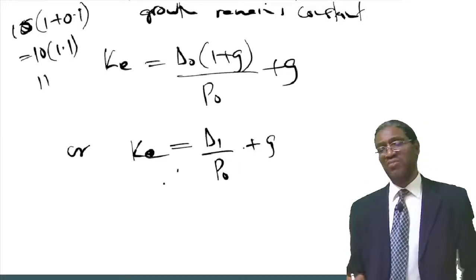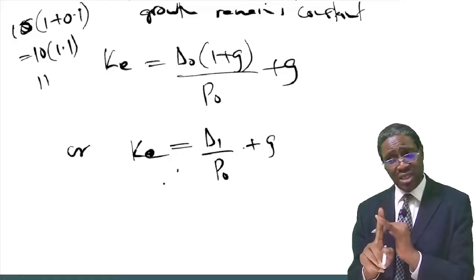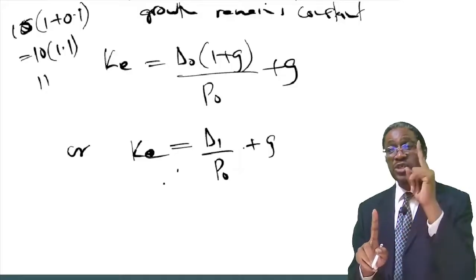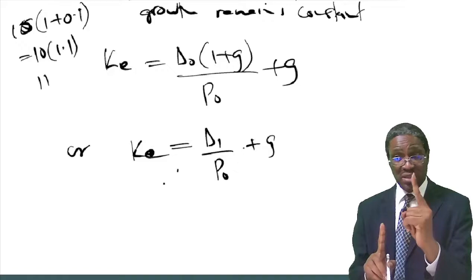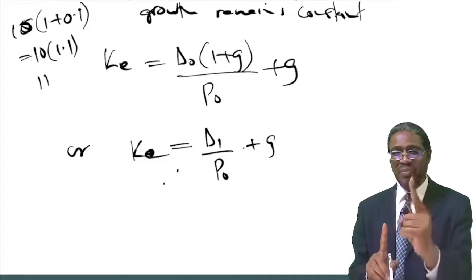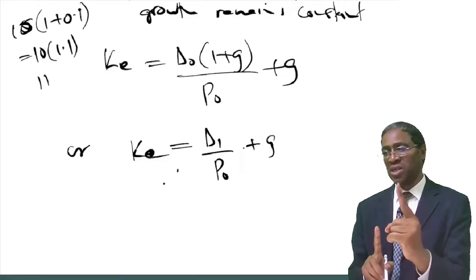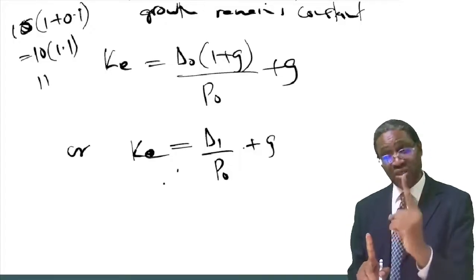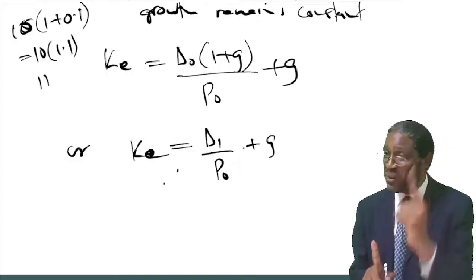The examiner will not ask you to derive it, but you need to know that there is a way to derive this formula. Listen carefully here: if the examiner gives you the expected dividend, he says the current market price per share is 20 shillings and the company expects to pay a dividend of 15 shillings. That is not what they have paid. They expect to pay.